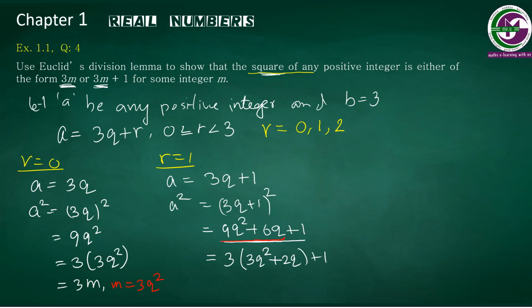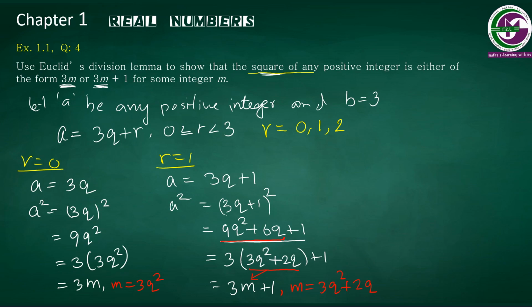So it can be written as 3m plus 1. What is m? So I'm replacing this 3q square plus 2q as m. So where m is equal to 3q square plus 2q. Okay, so it is of the form 3m plus 1.